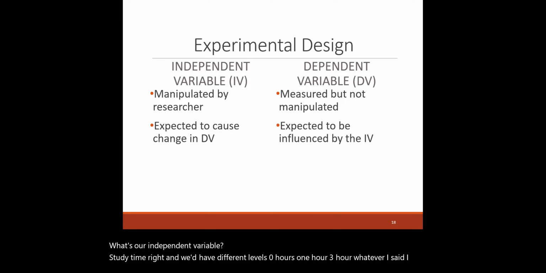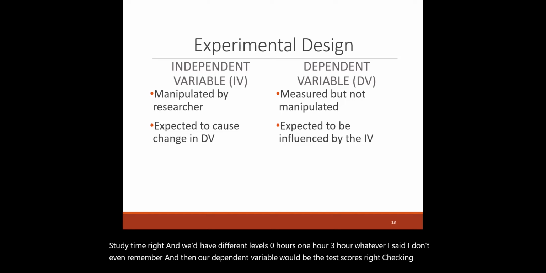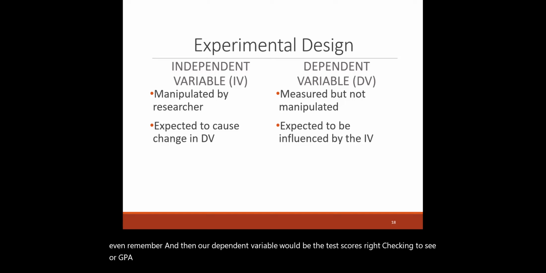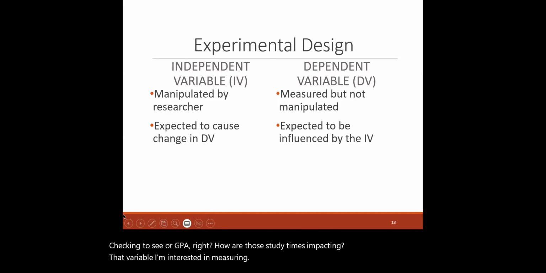And then our dependent variable would be the test scores, or GPA. How are those study times impacting that variable I'm interested in measuring? Sorry, getting ahead of myself. So let's do an example.